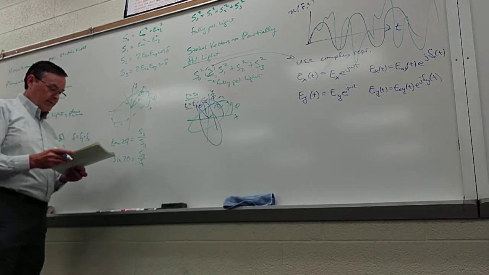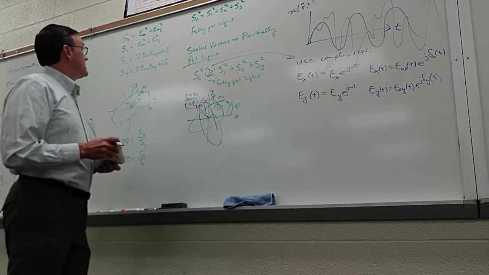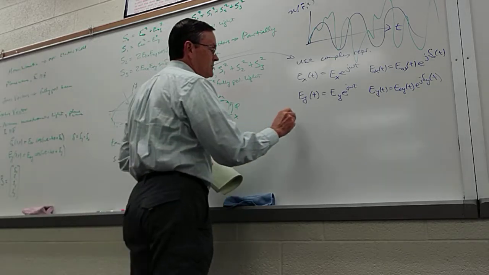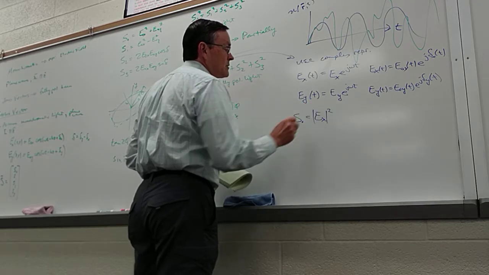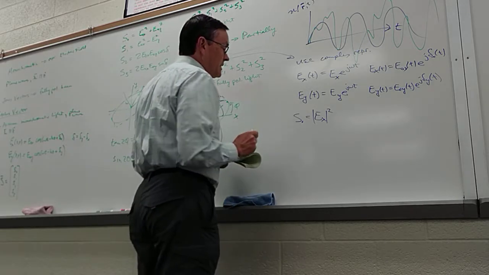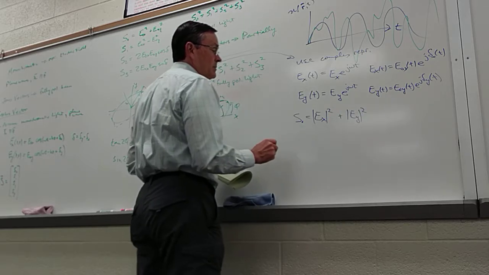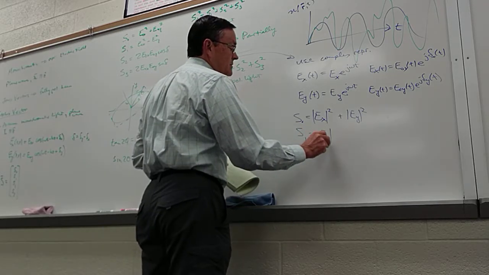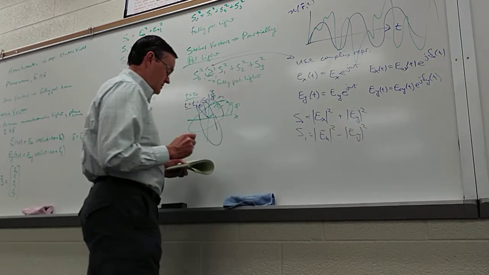Okay, so if we write it that way, then these Stokes vector components, we would write like this. S0 is the magnitude squared of the complex electric field in the x direction plus the magnitude squared of the complex field in the y direction. S1 would be magnitude squared in the x direction minus magnitude squared in the y direction.